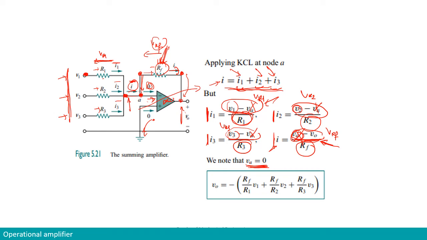And if we write back the KCL, we'll get this equation, right? Then we rearrange everything and we get this equation.